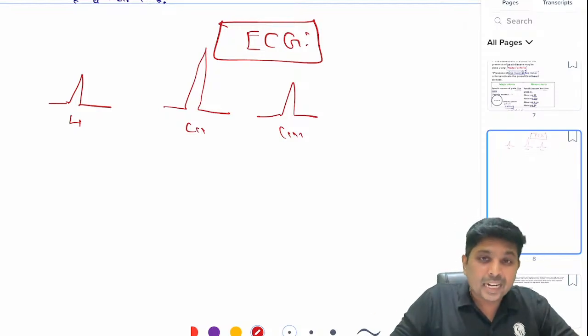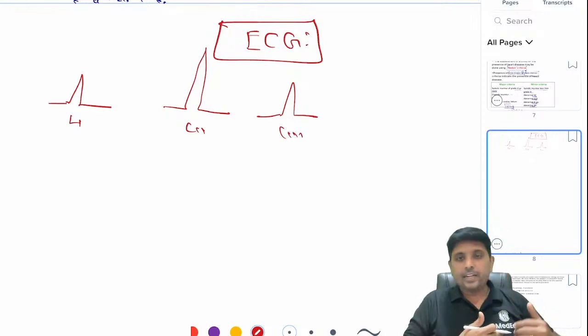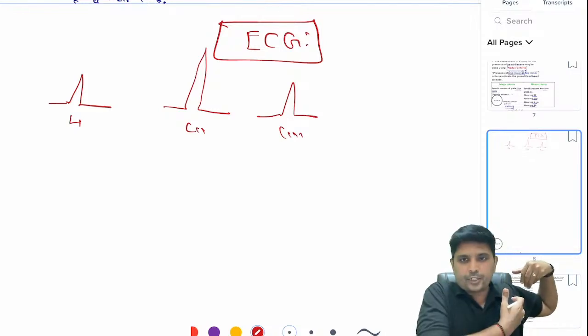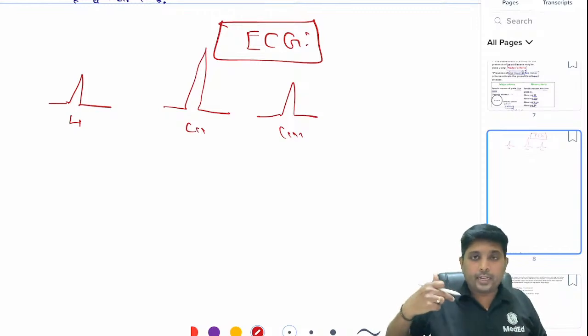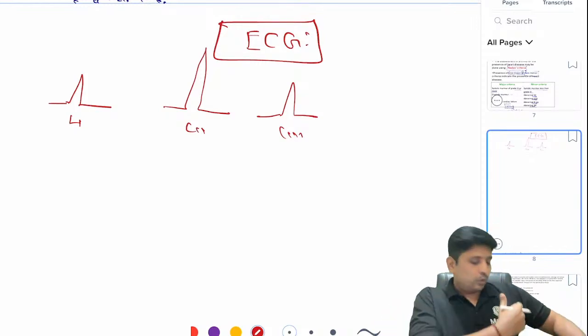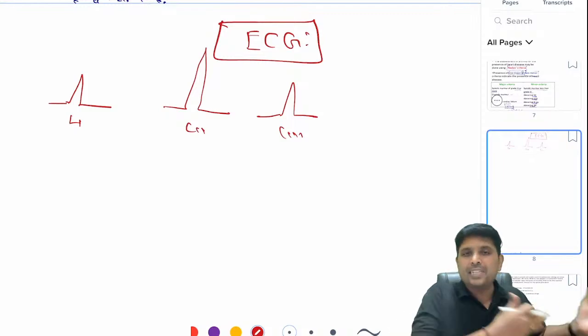What happens in left axis deviation? In left axis deviation, the left ventricle undergoes hypertrophy in this direction. So instead of flowing from 11 o'clock to 5 o'clock position, current will move from 11 o'clock to 3 o'clock position towards lead 1.